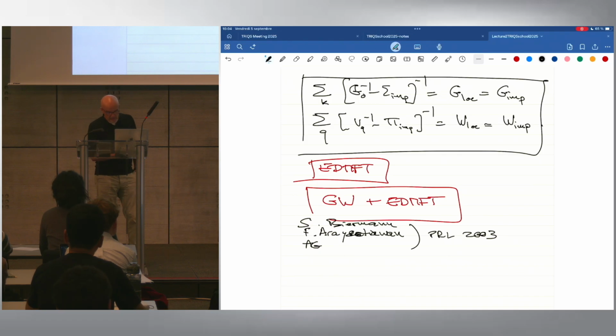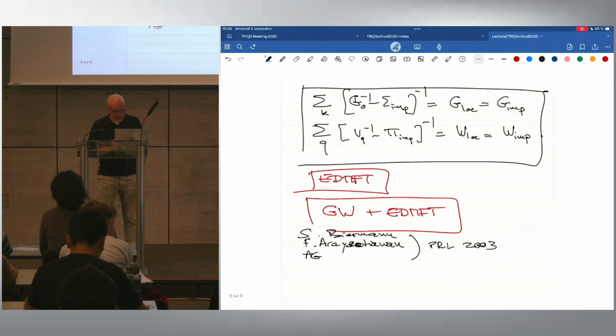And also in some precursor papers by Kotliar and Chitra and Sun and Kotliar.